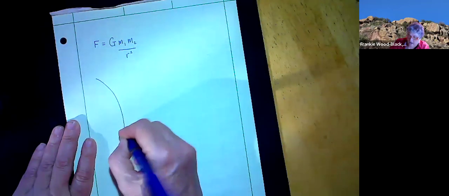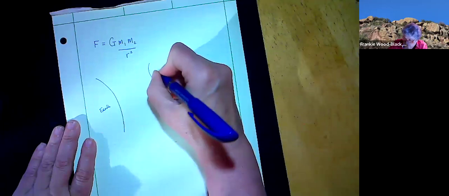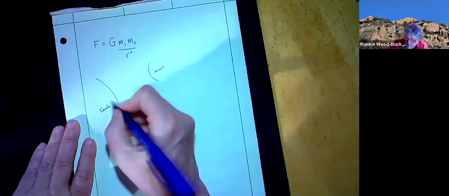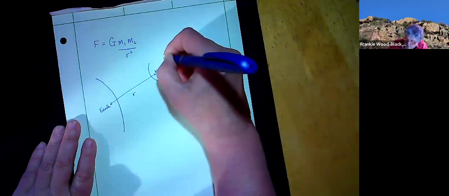So if I'm thinking I'm dealing with the moon here and I'm dealing with the Earth, so this is the Earth and this is the moon. The r is our distance between these. So this is our r distance. And we are always going to take that this mass is always going to operate as if it's at the center of mass.